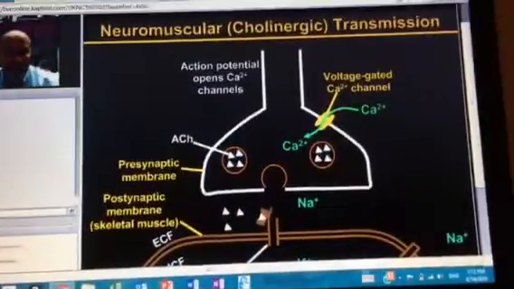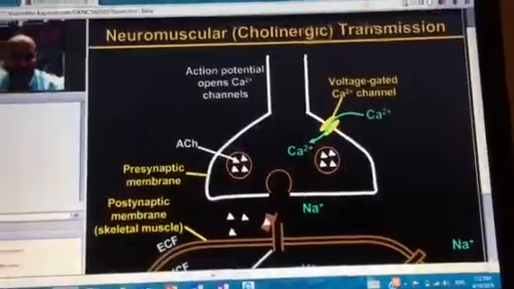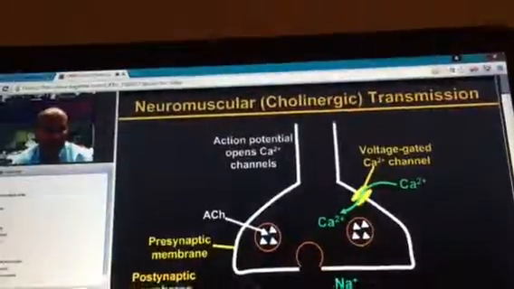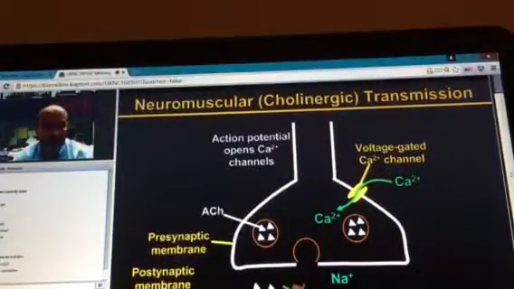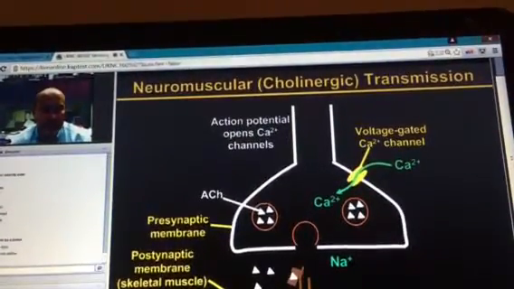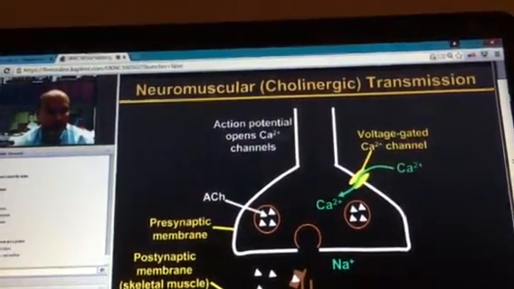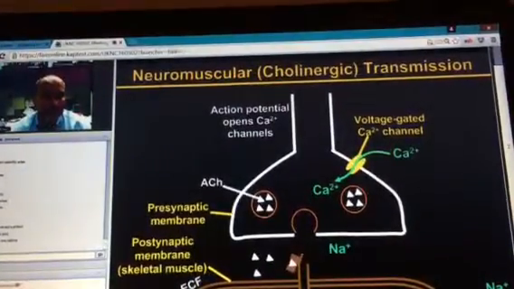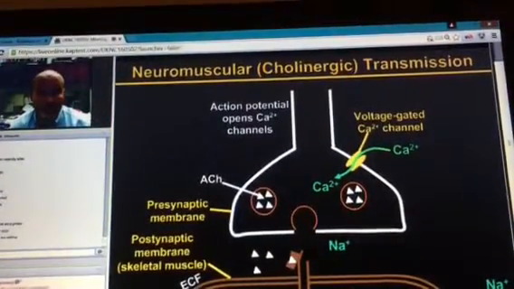The ligand is acetylcholine. Now, this is at the level of the muscle, so we call it nicotinic muscle, NM.